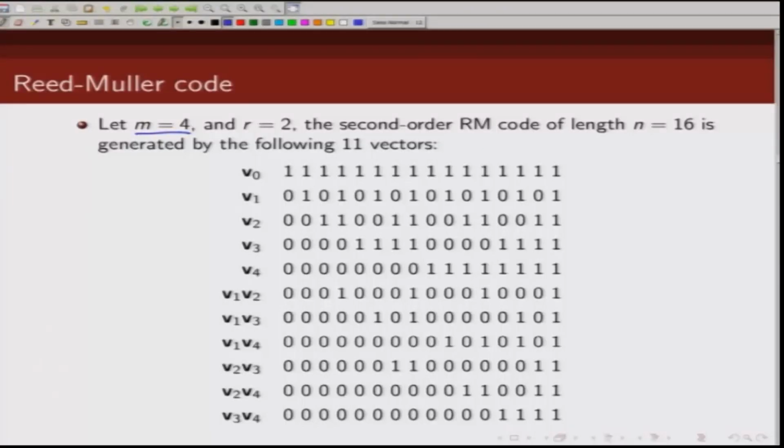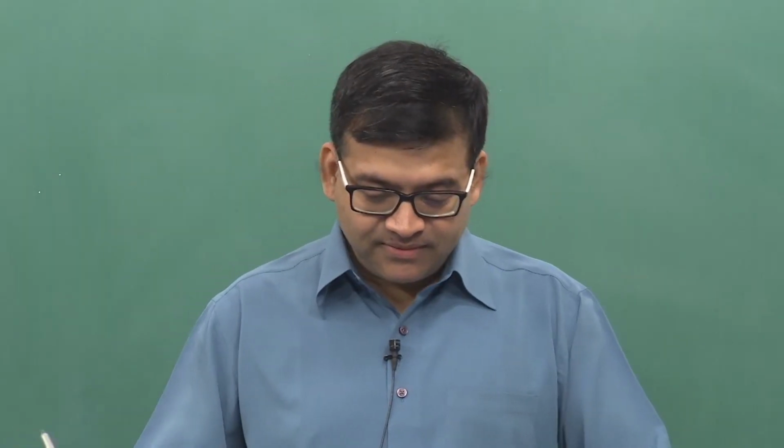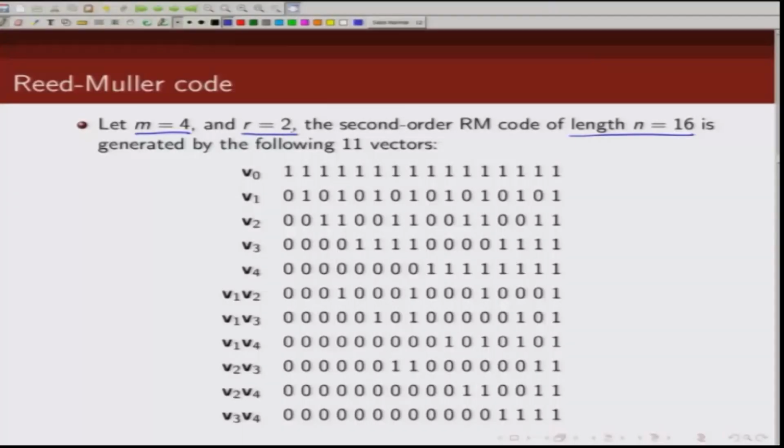We take a case where m is 4. So, m is 4 meaning our codeword length would be 2 raised to power m, which is 16. So, we are dealing with a Reed-Muller code of length 16, and let us consider the second order Reed-Muller code. So, we have to now recall what a degree is.